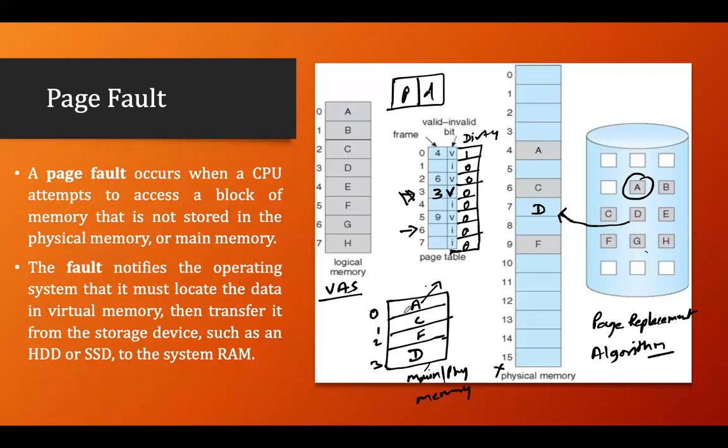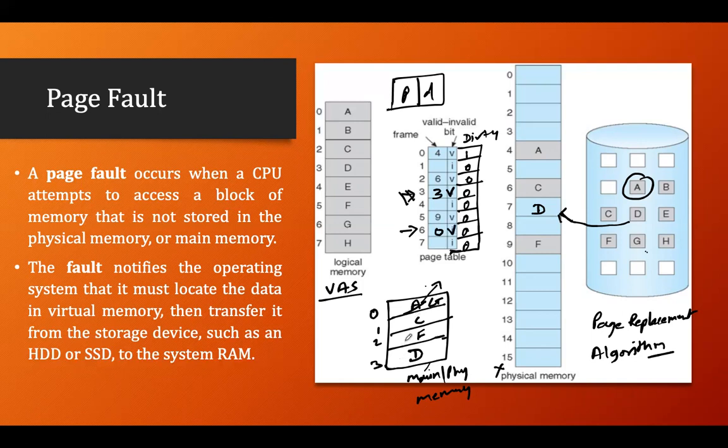Let's say I am replacing page A and I am putting page number 6, G, here. So G is coming into the main memory, and it is now in position 0. So I put position 0 here, and this will be valid. This is how it will be done.